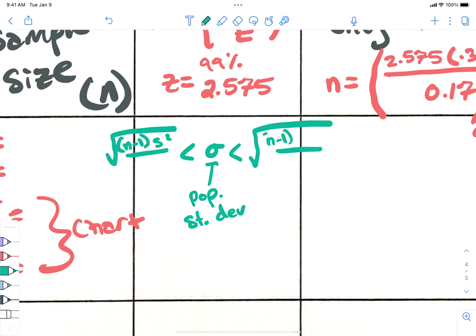Chi-squared right goes on the left and chi-squared left goes on the right. You remember why? Because right's the bigger number, so it will make the whole thing smaller. Very good. There is the formula that we need to find the population standard deviation.